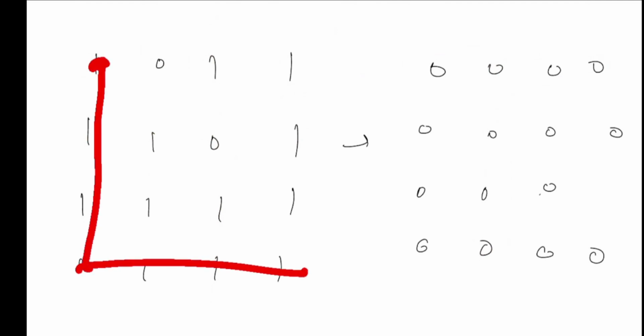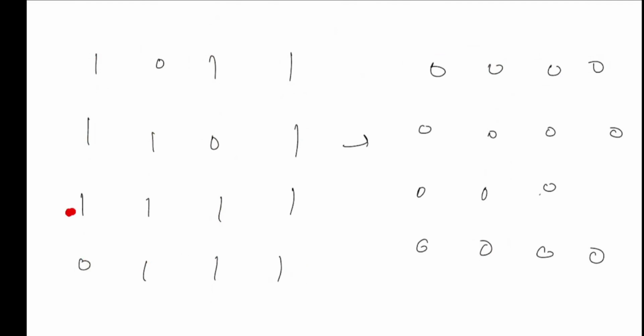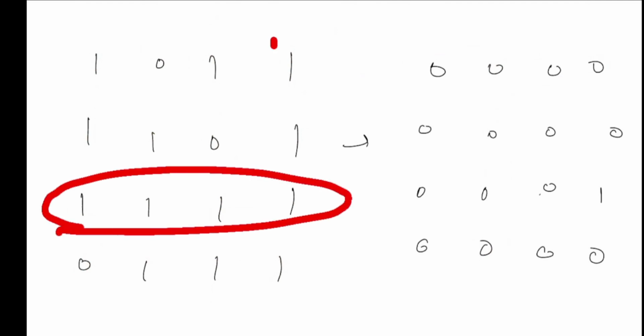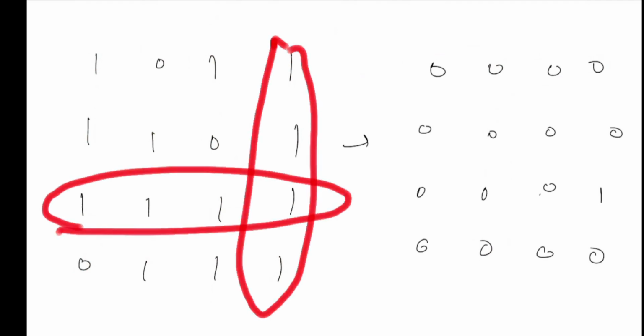On the second row and third column, we didn't find anything indicating zero, so it would be the same. If we didn't find a zero anywhere, the elements will remain one.